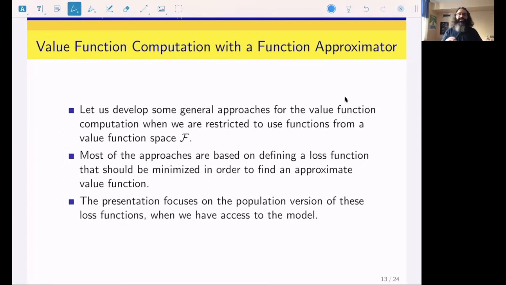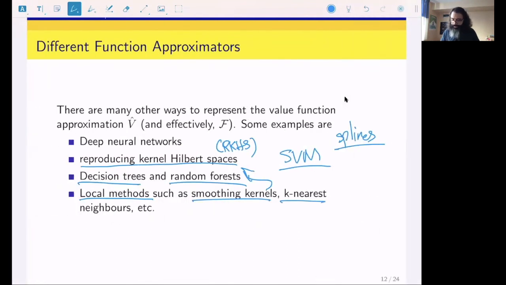And then going through the learning-based methods when we don't know the model P or reward R is going to be relatively easy. We use either techniques from stochastic approximation that we had seen before, but modified for value function approximation, or techniques similar to regression from supervised learning. And of course, there are other methods that I'm going to talk about a little bit too. I think that's all. Okay, so is there any question?